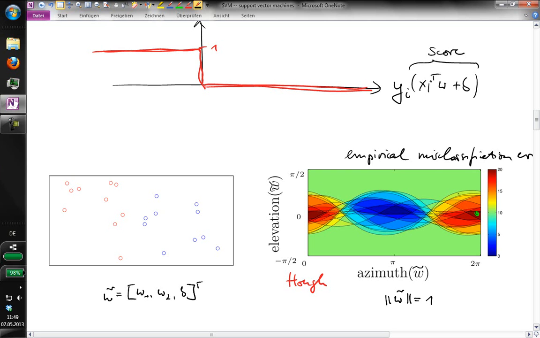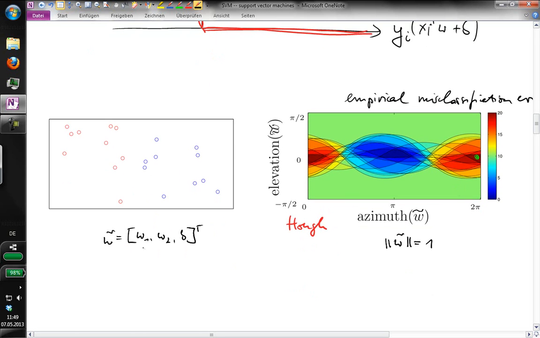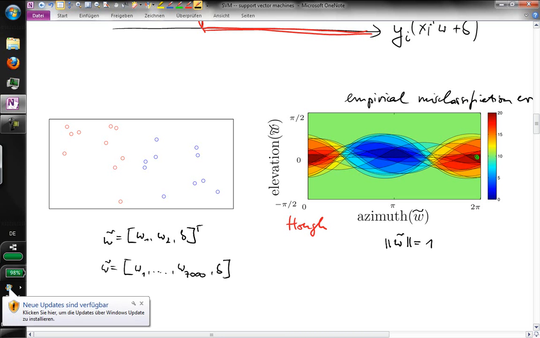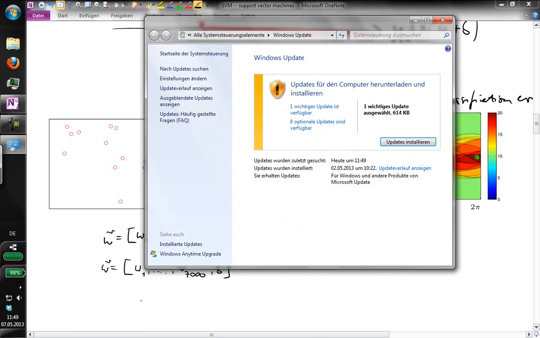And I can now do this in higher dimensions, so I can have a w tilde. You know, nowadays it's typical to compute very many features, so let's say I may easily have 7,000 features plus my offset, excuse me.